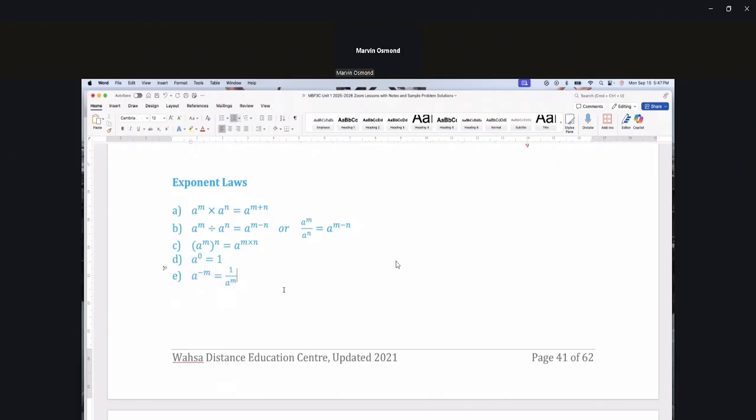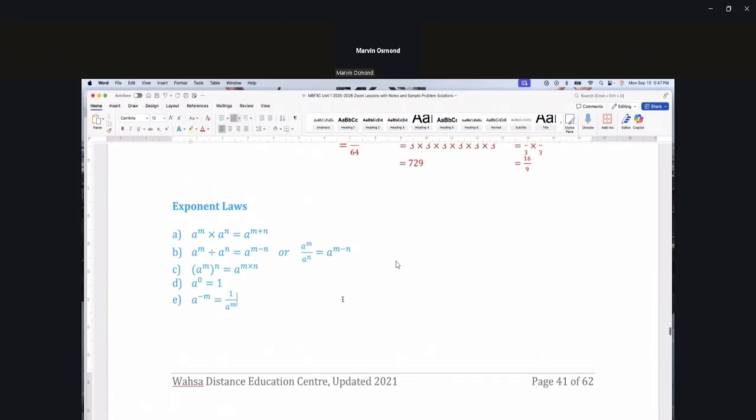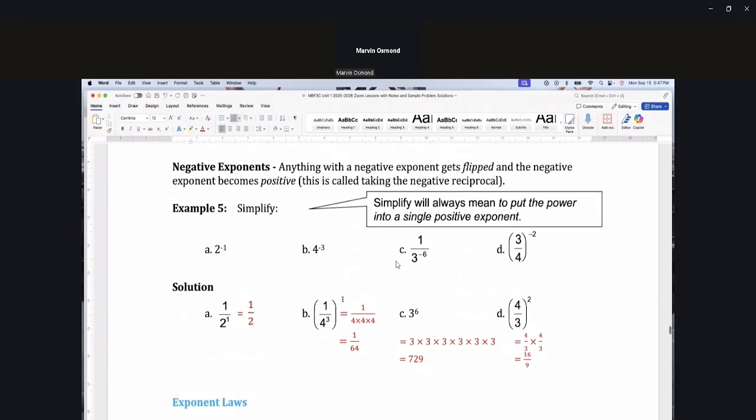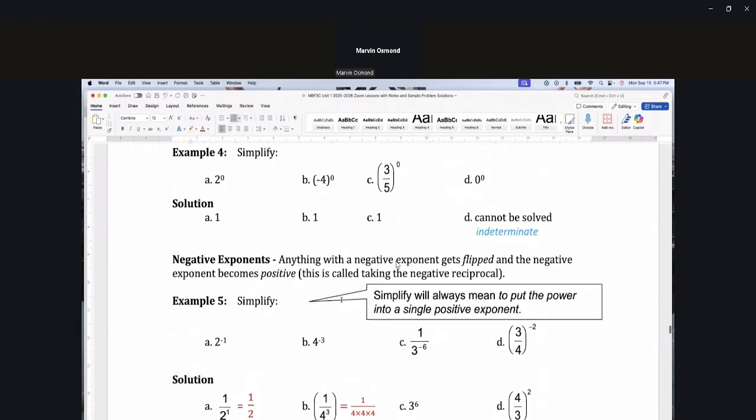So those are the exponent laws that we are concerned about in this course. There are one or two others that we're not going to get into, but if you go back to that website that I showed you at the top, it goes into the other ones as well. I'm just going to point out one thing before we end for today.